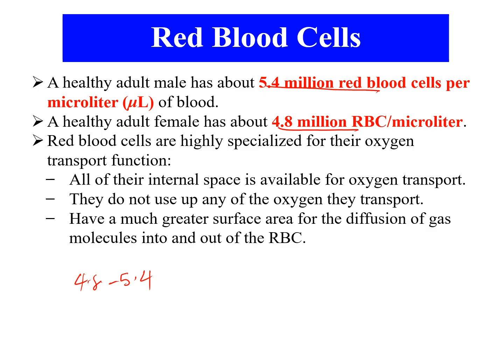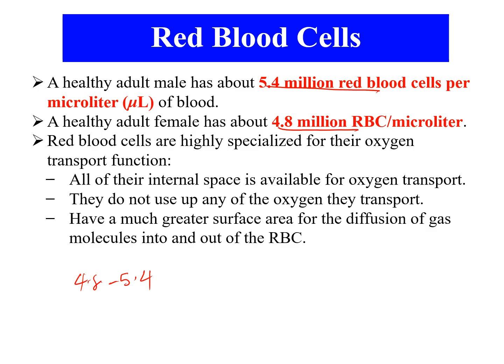Another important concept that I would like you to understand is that the structure of red blood cells is highly specialized for oxygen transport. What does that mean? It means that the structure of red blood cells favors oxygen transportation, and there are three reasons why.